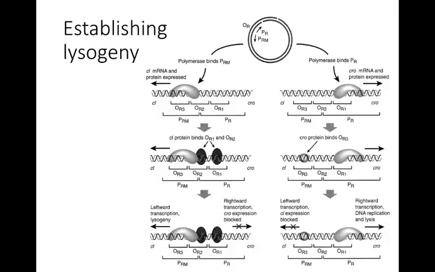The other thing to point out here is that there are three operator regions between these two promoters, and these operator regions are shared. These are known as OR3, OR2, and OR1. Now, I'm going to start out by saying that both Cro and C1 will bind to these three OR regions.